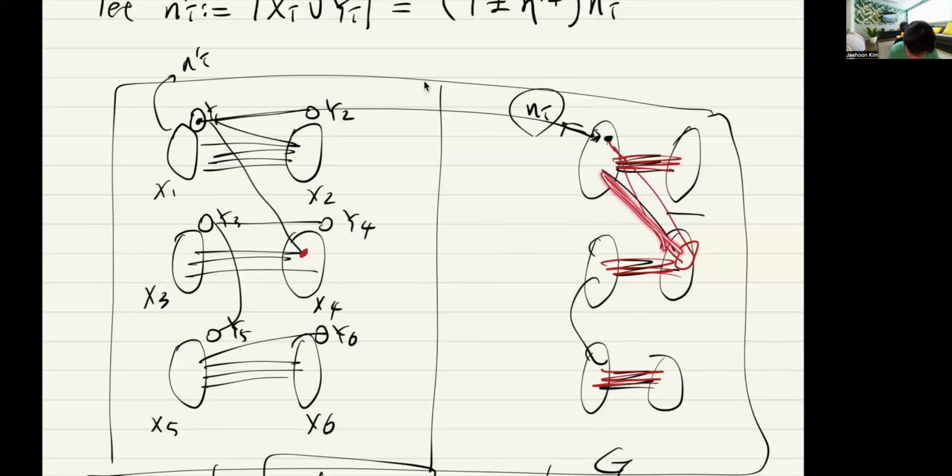Because this is epsilon regular, you can embed so that it has a large neighborhood in here. Then later when we invoke our blow lemma, we make sure that this one is embedded to here. That's possible. One of the additional properties of the blow lemma is that if you have a small number of vertices and each of them has some target set that we want to embed it into, then you can find an embedding that satisfies such restriction.